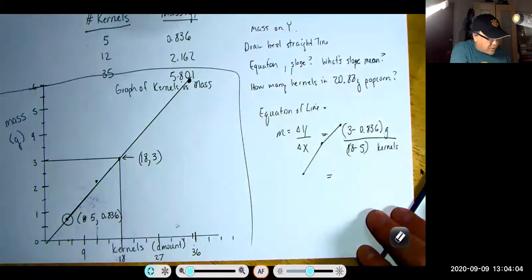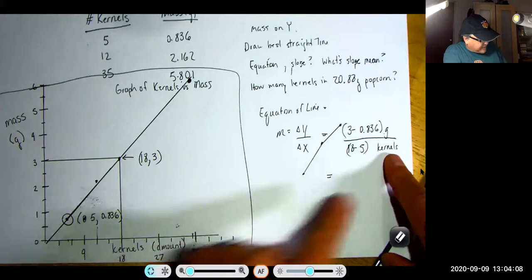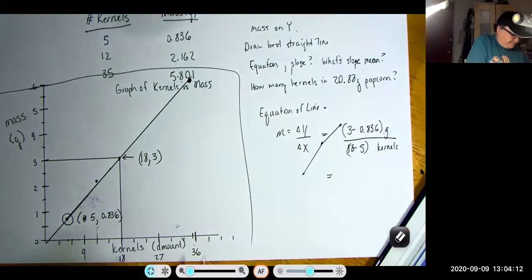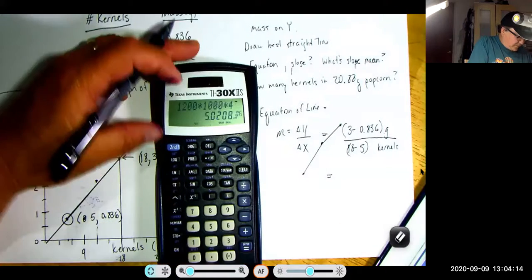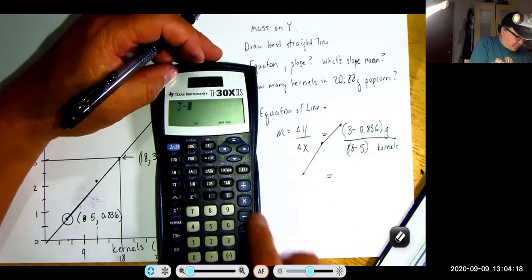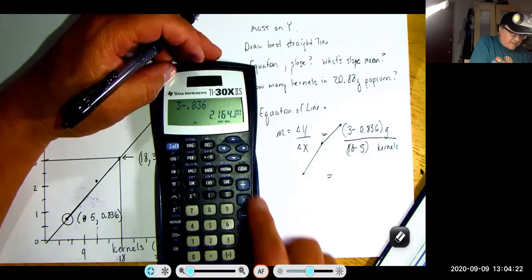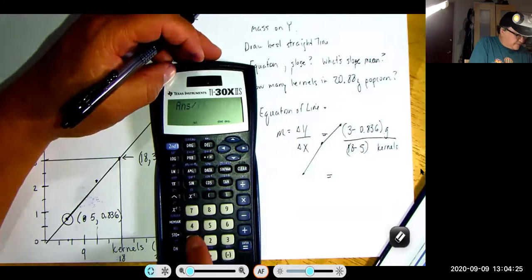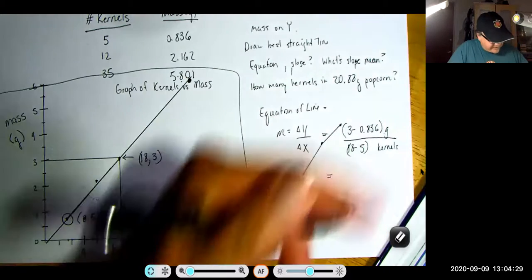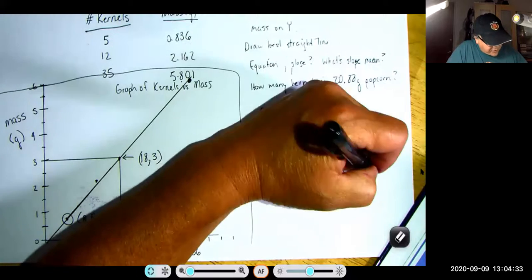Okay, and the reason I put grams here is because the y-axis is grams, and I put kernels here because the amount is kernels. So here, when I do the work, 3 minus 0.836 divided by, and that's 13. So I get 0.166 grams per kernel.